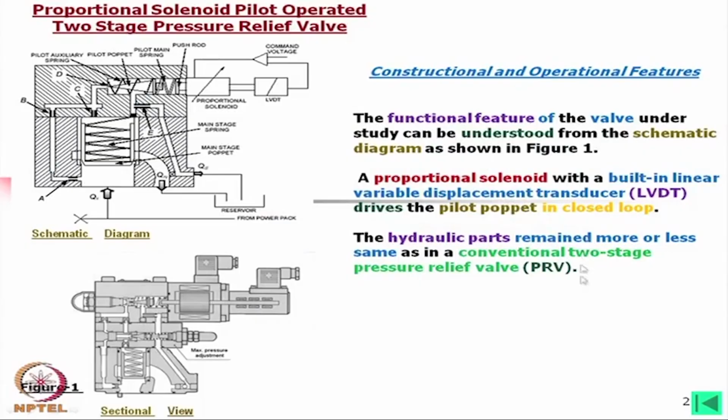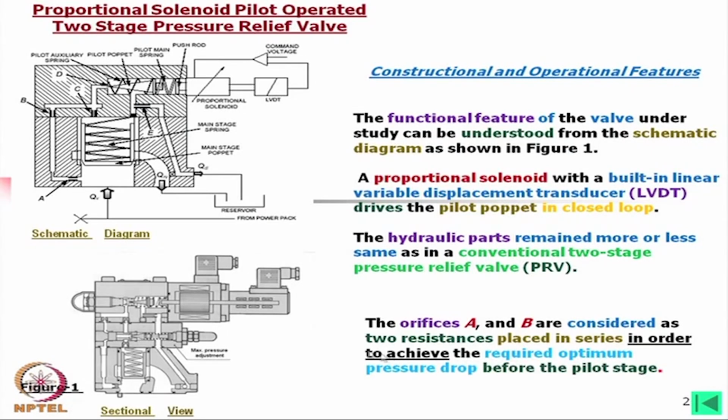Okay. Now, the orifices A and B are considered as two resistances placed in series in order to achieve the required optimum pressure drop before the pilot stage. I would say for the same valve, if you change these two orifices, then the range of this operation will change.